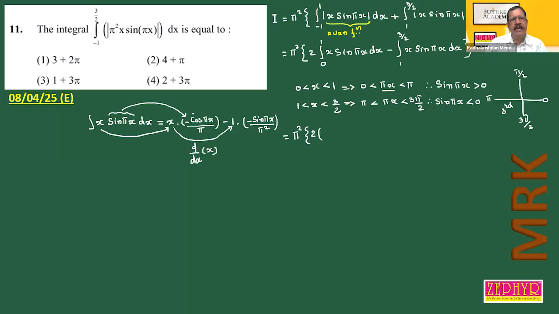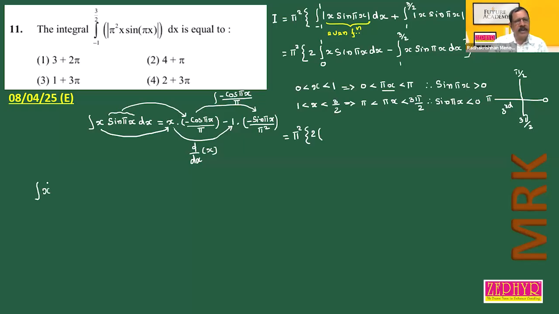This is nothing but integral of minus cos pi x divided by pi. For example, another example I will give you for you to understand clearly.